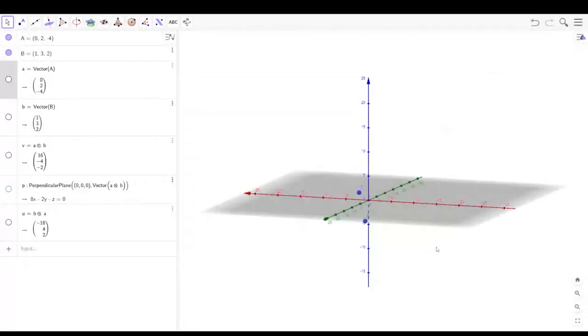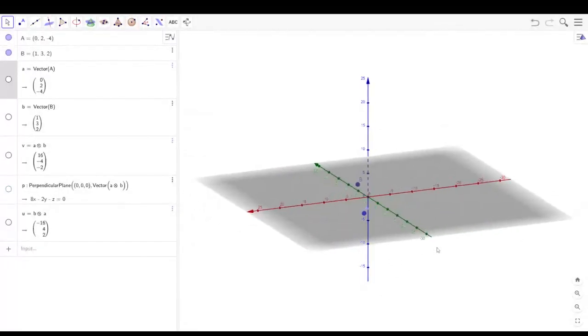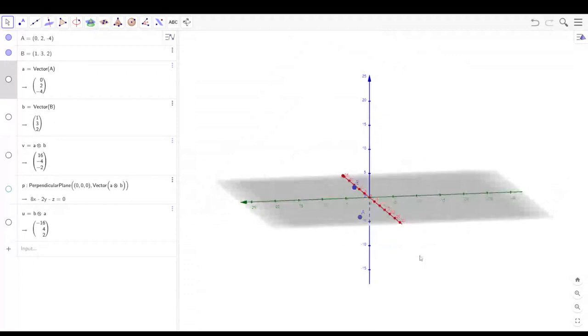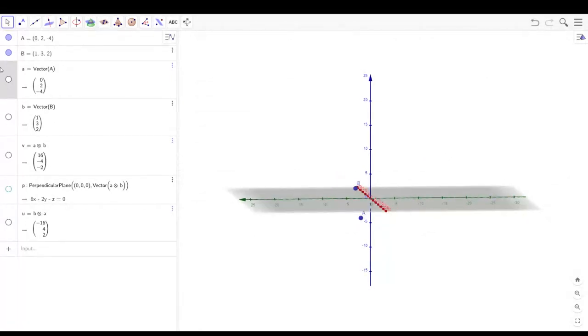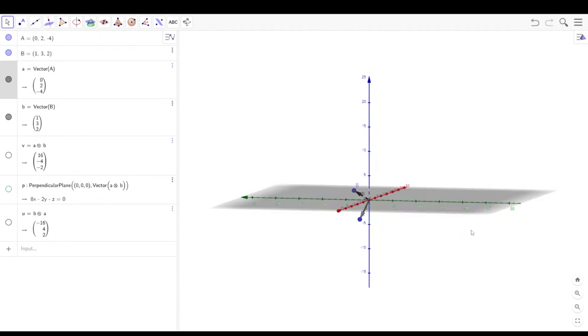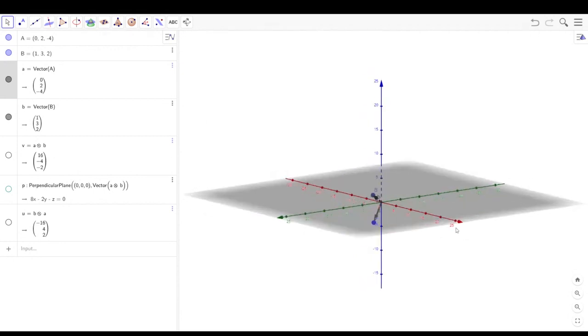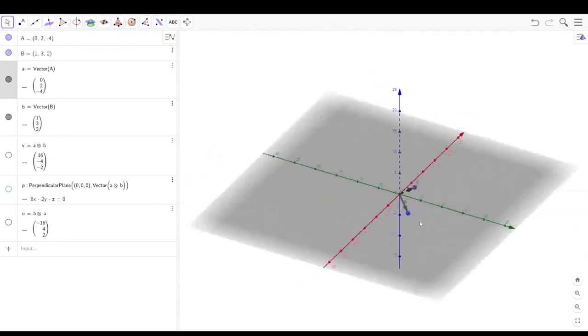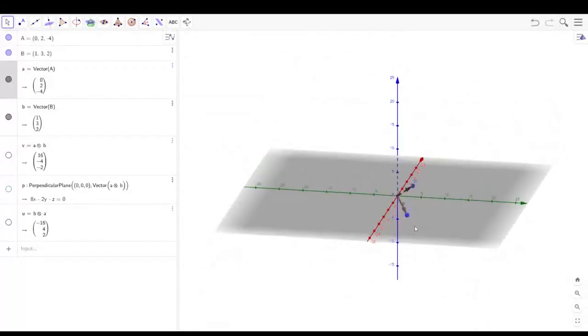Actually, I'll make it a bit bigger. Okay, in three-dimensional space. Okay, and let's put in the position vectors for those points. And now I'm going to put in the cross product.